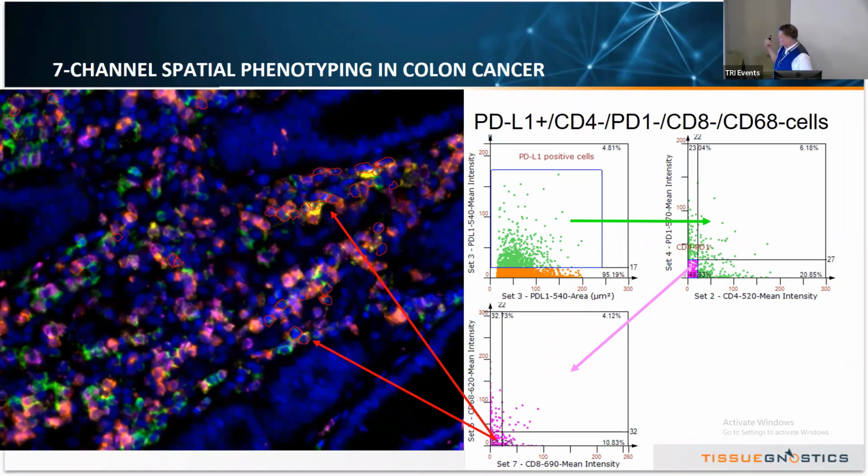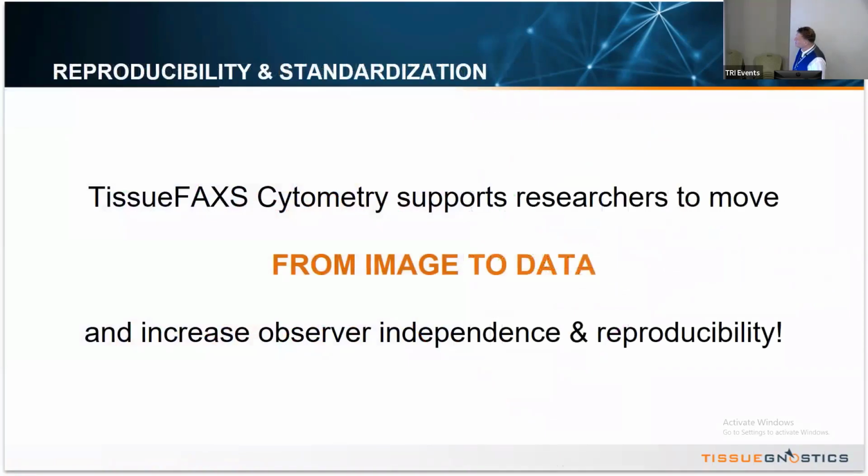We also support FCS Express from De Novo Software in California. They have a version, FCS Express Image Cytometry, where you can import this data set and then make all these t-SNE plots that you may know from flow cytometry.